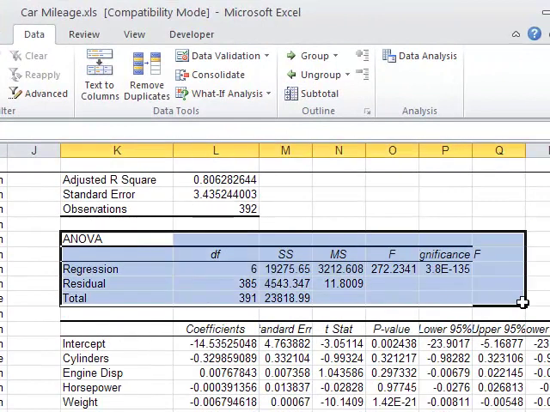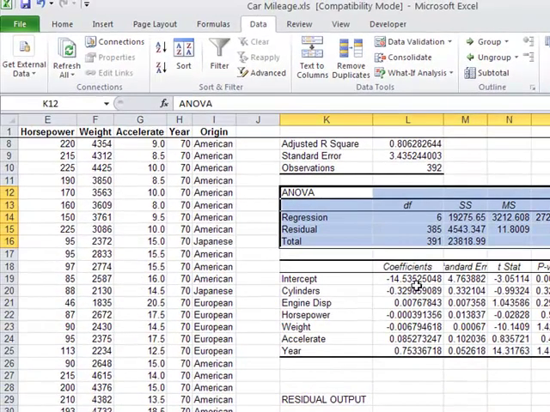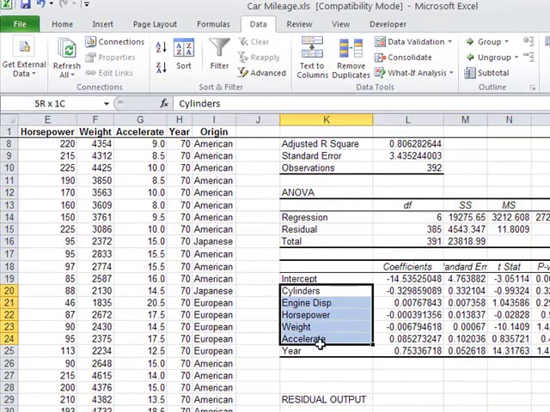Next we have this ANOVA. Remember, ANOVA gives us the overall significance of the entire model. It's the first round check to see if the model is significant at any level. The null hypothesis is that none of our variables are significant, or essentially all of these coefficients equal 0.